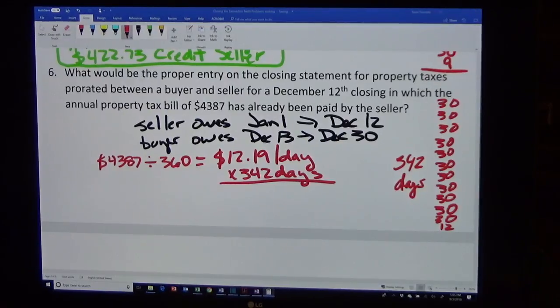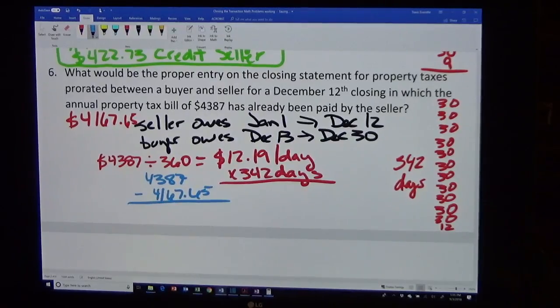And that's a seller's portion of $4,167.65. And of course the buyer's portion is always going to be the total, $4,387, minus the seller's portion, $4,167.65. So there's not going to be a lot left over for the buyer to pay in this case, because obviously the sellers own the property for the vast majority of the year.